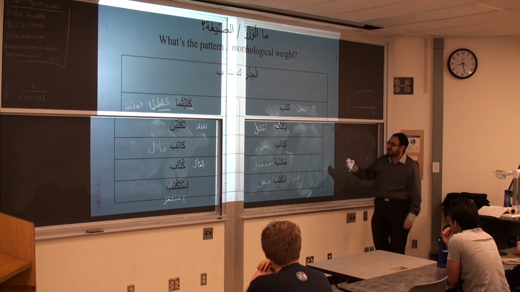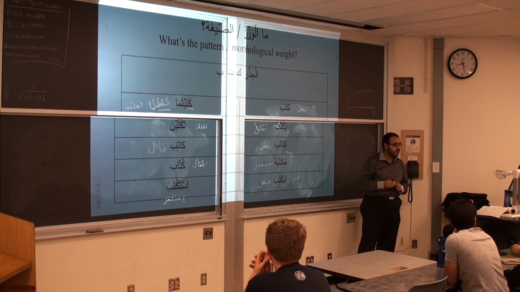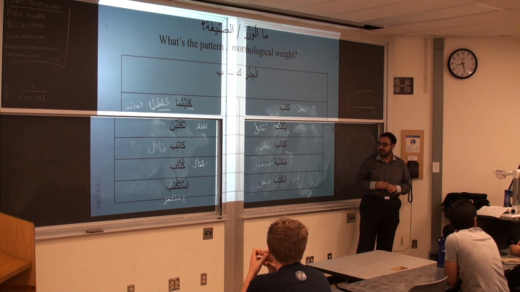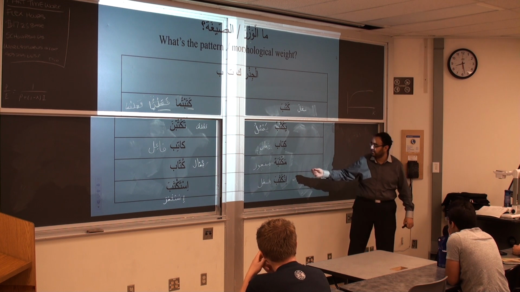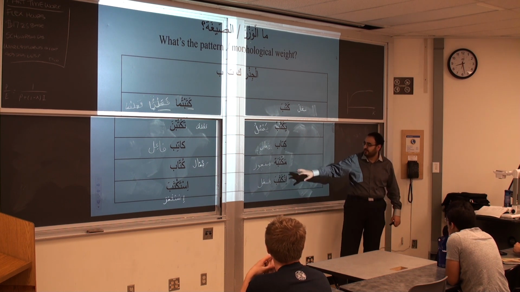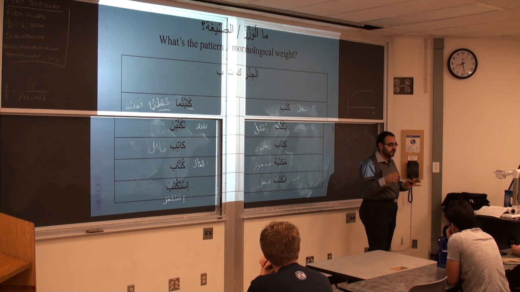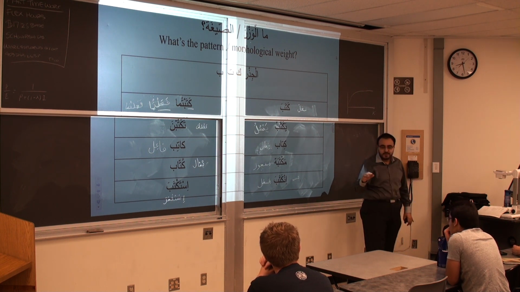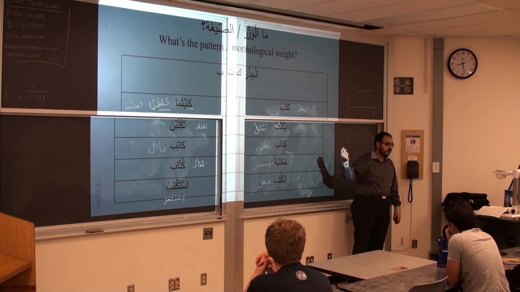Next one, who did maktaba? Go ahead. It's maf'ala, that's it. Always remember, if you find maktaba and maf'ul, you will notice for sure that something is wrong. Maktaba, they'll always be rhyming together.